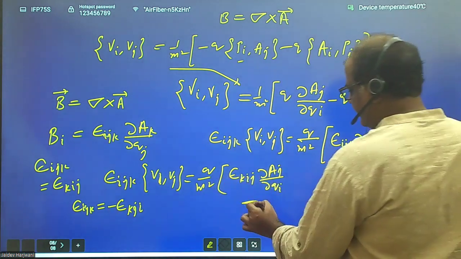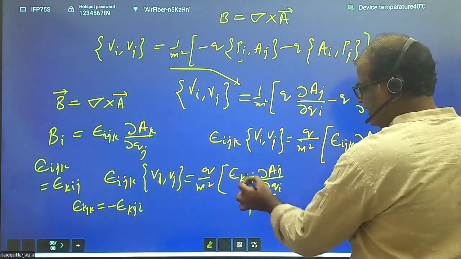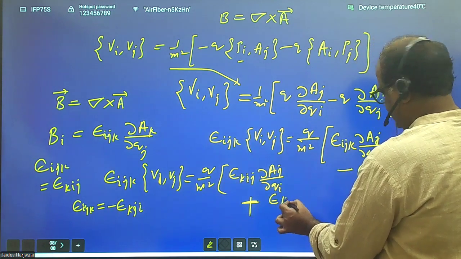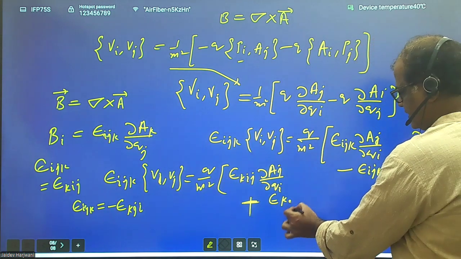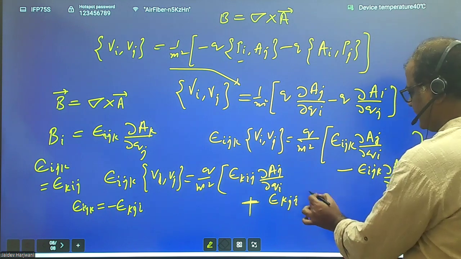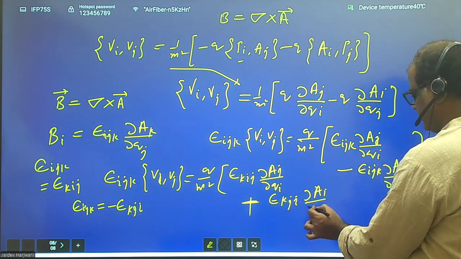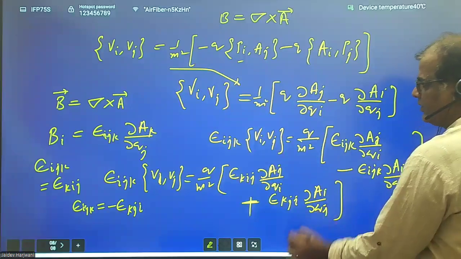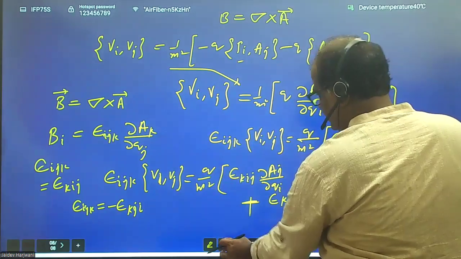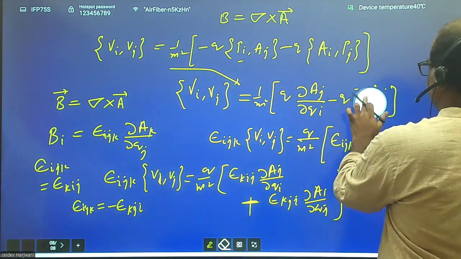Negative is already a negative, negative, positive, and this becomes the same, ekji del Ai upon del qj. Okay, now just use this definition and write the expression.